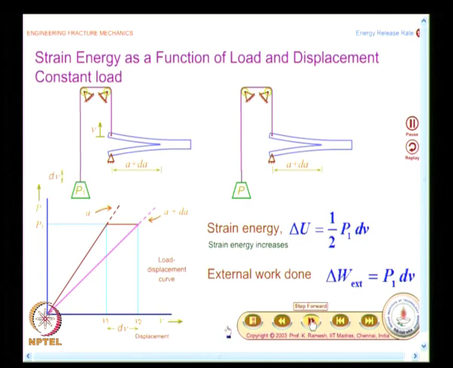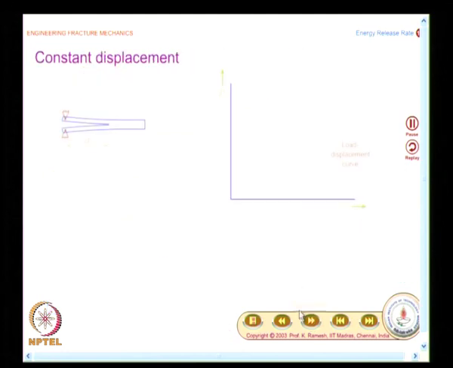And now we go and look at what happens in the case of a constant displacement. So, here again I take a problem which was very similar to the earlier one. Here it is put under fixed grips, and when you get the P versus V, I will get a graph like this.